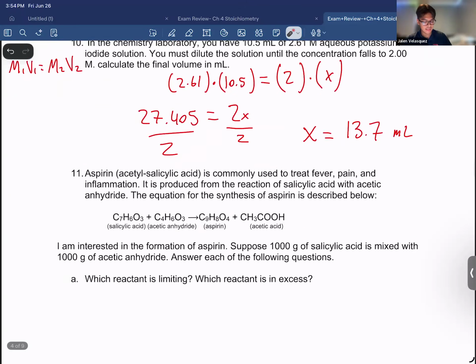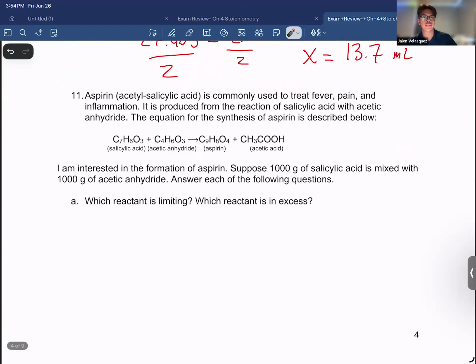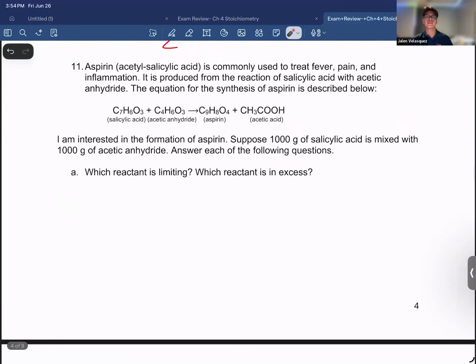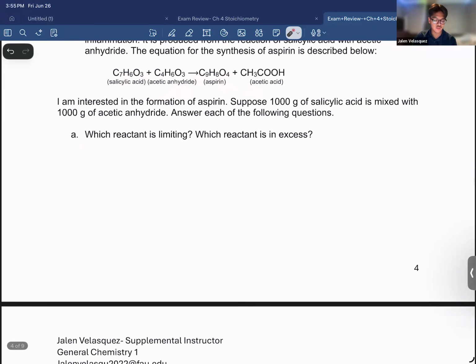Okay, number 11 here says that aspirin, which is acetylsalicylic acid, is commonly used to treat fever, pain, and inflammation. It's produced from the reaction of salicylic acid, which is this, with acetic anhydride, and it produces aspirin and acetic acid as a byproduct. So this equation is already balanced as it is. So I am interested in the formation of aspirin.